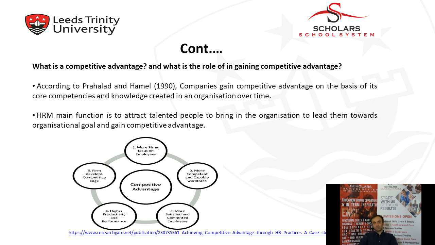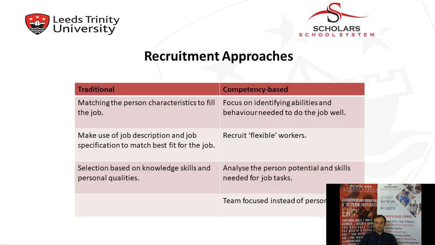Selection simply is to choose the best candidate among the applicants. Selection, by another definition, is the process by which managers and others use specific instruments to choose from a pool of applicants, a person or persons more likely to succeed in the jobs, given management goals and legal requirements.